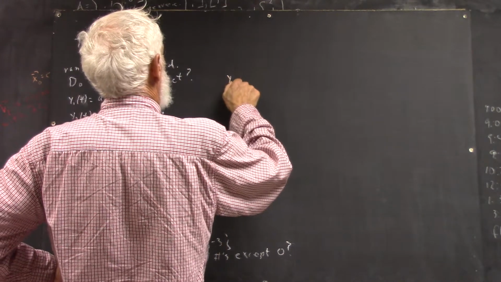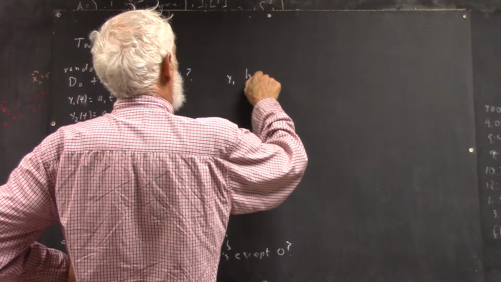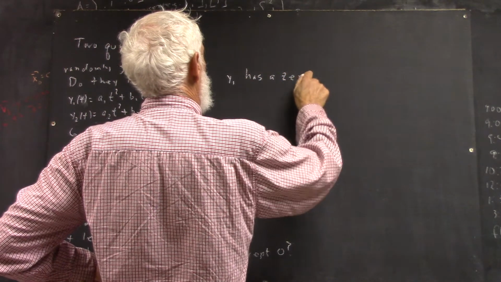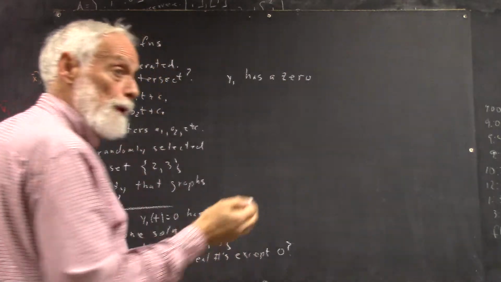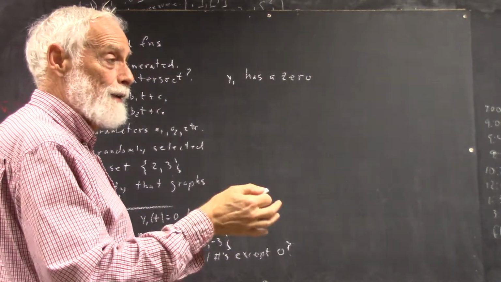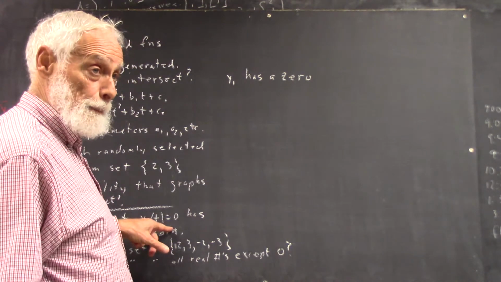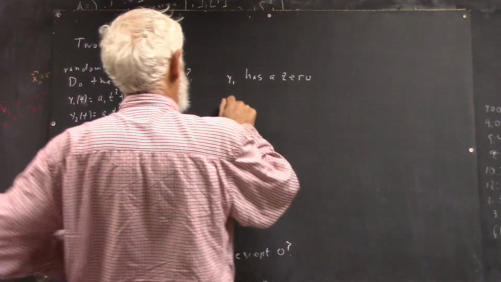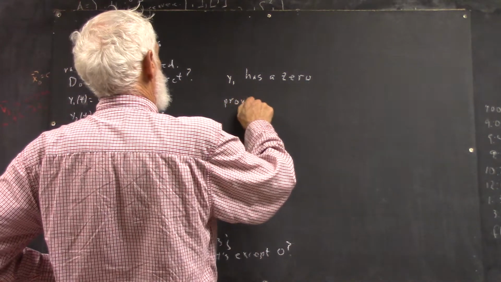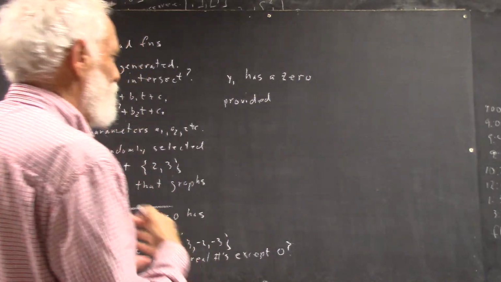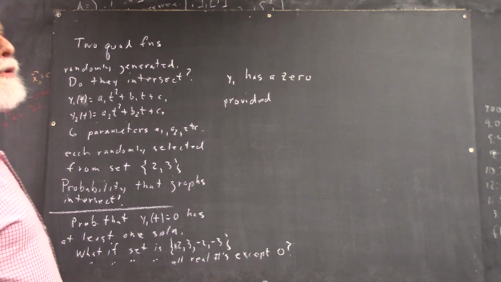Okay, so y1 has a 0 and possibly more, right? Because if it has 2 zeros, it certainly has a 0, and that's really all we need to know, right? And this is something that y'all should have. You should know the quadratic formula.